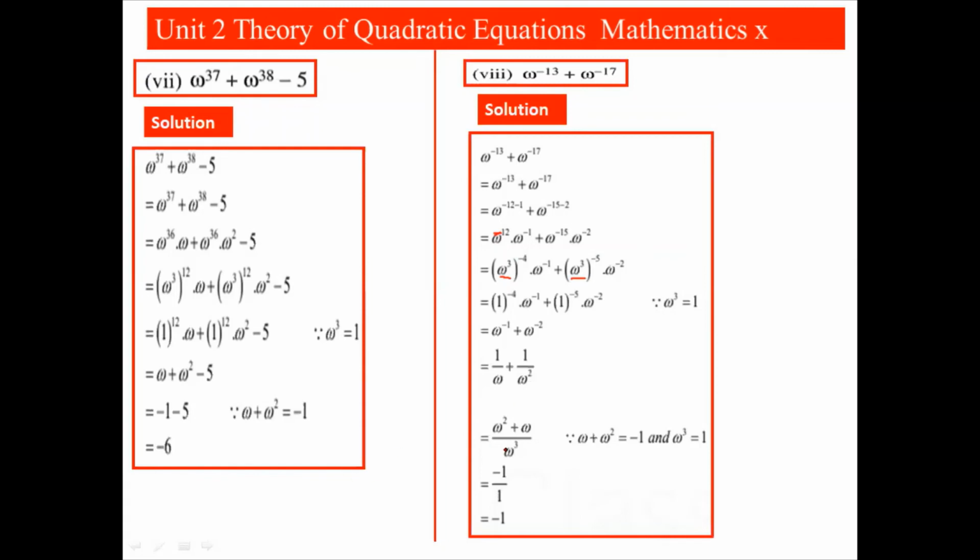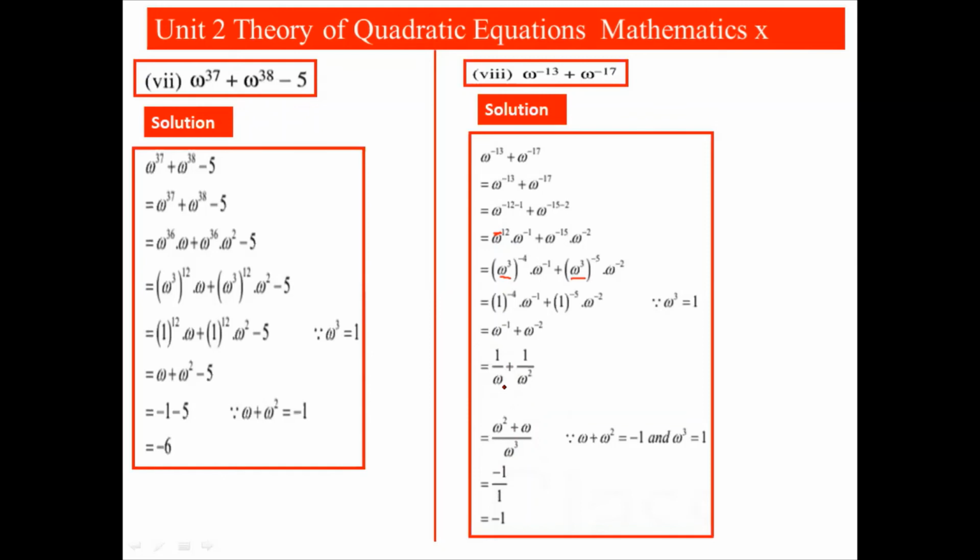If I take omega cube as common, we write this with omega cube as LCM. When we multiply with this, then we have omega square. So we have to multiply with this omega square. Now when we divide with this one, we are left with omega, and we can write here omega.